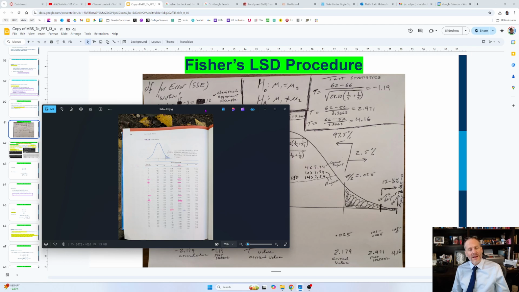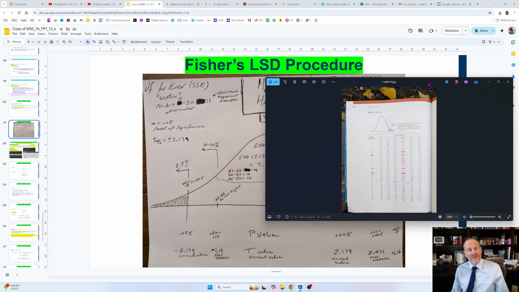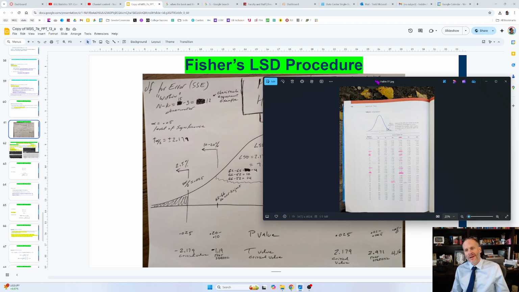So you just take on face value that this is the degrees of freedom you use when you're using Fisher's LSD procedure. So here are the degrees of freedom, ladies and gentlemen. The degrees of freedom are the degrees of freedom for error, for your SSE. And the SSE is the within part, not the between. To calculate the degrees of freedom for SSE, it's the total number of observations minus the total number of factors or methods.